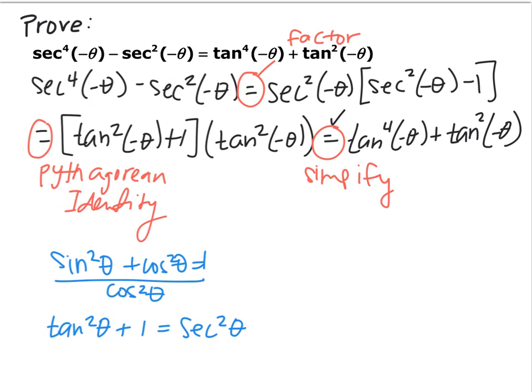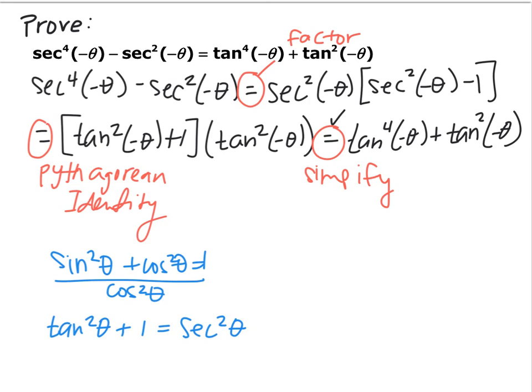And then, if you remember your Pythagorean identities, there's one that says tangent squared plus 1 is equal to secant squared. So I used that. Secant squared of negative theta would be tangent squared of negative theta plus 1. And then if I subtracted a 1 across, secant squared of theta minus 1 would just be tangent squared of theta. So I used my Pythagorean identity on both of these, and then I just multiplied it back together, and you end up with the right side.